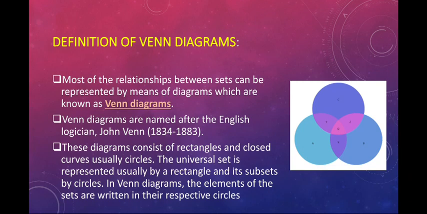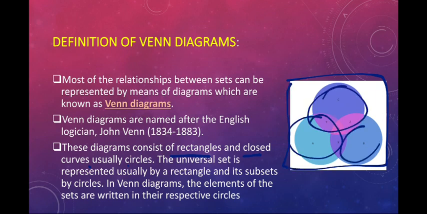Venn diagrams are named after the English logician John Venn. These diagrams consist of a rectangle and closed curves, usually circles. As you can see in this figure, here is a rectangle and three circles.